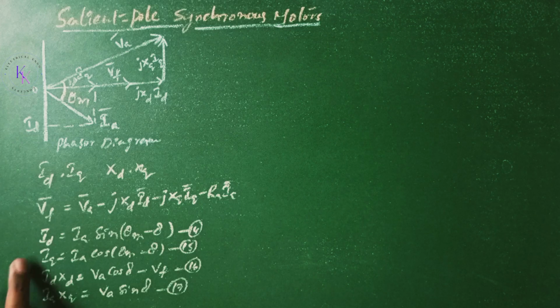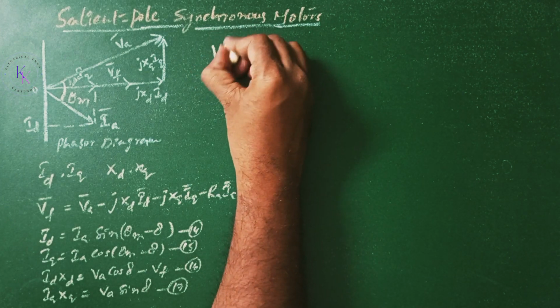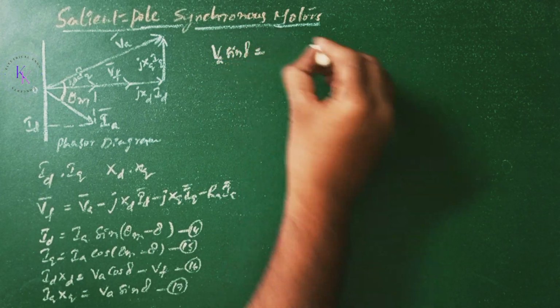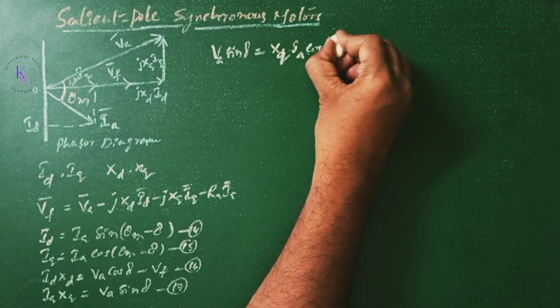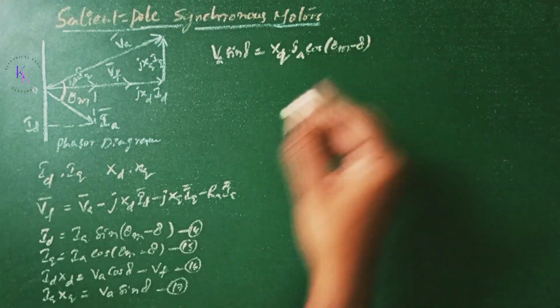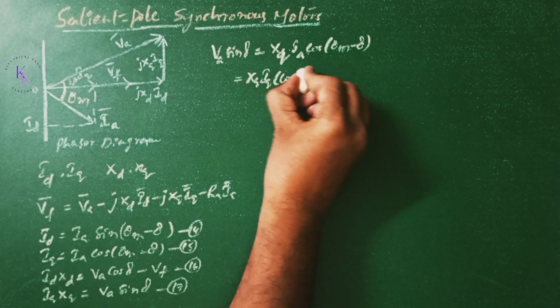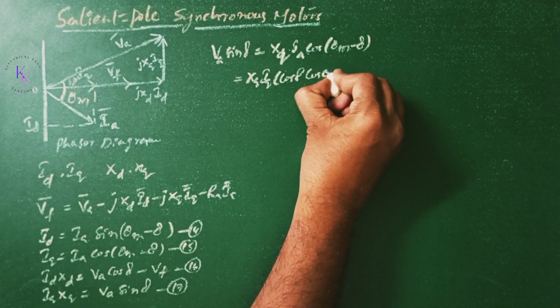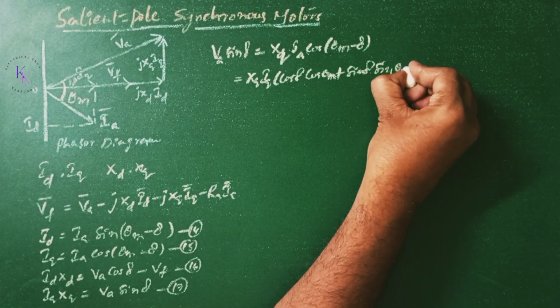Now substituting the value of Iq from equation number 15 into 17, we get Va sin δ equals Xq Ia cos(θm minus δ), that equals Xq Ia (cos δ cos θm plus sin δ sin θm).